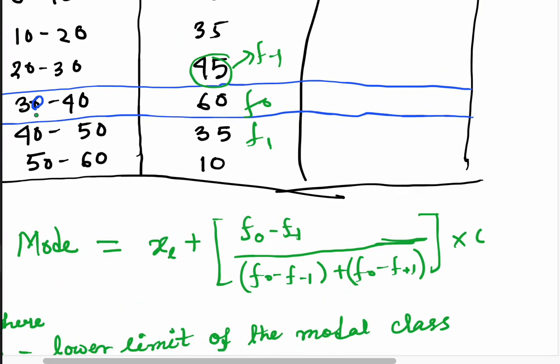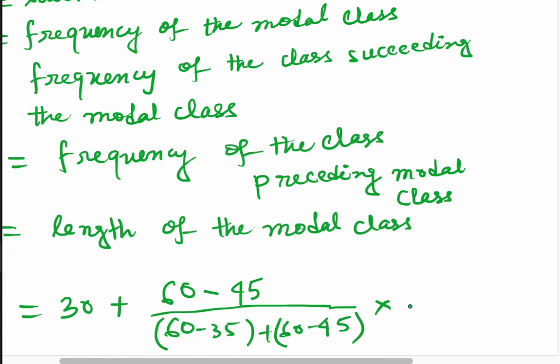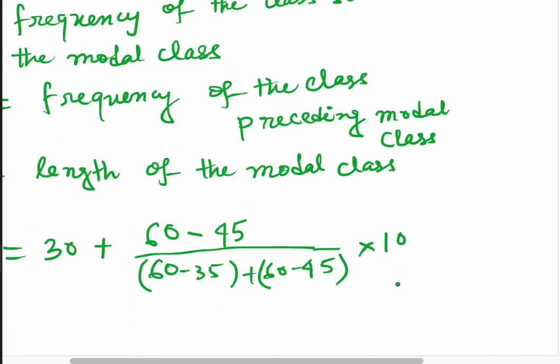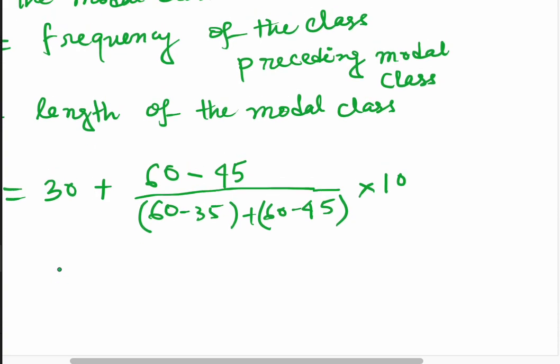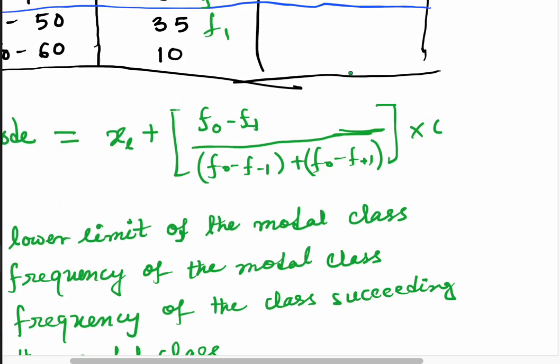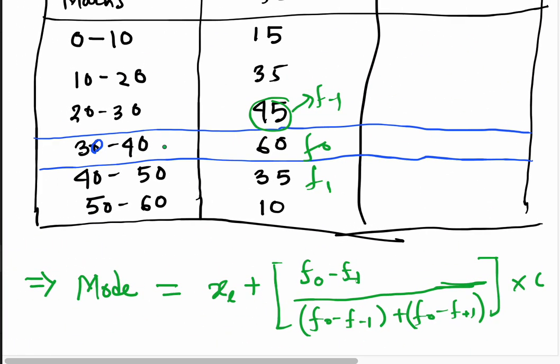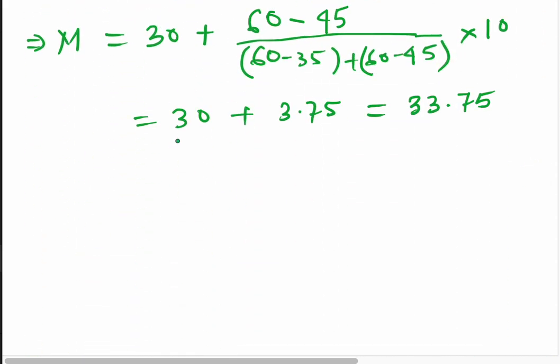What is the length of this? That is 10. So into 10. So that is 30, and this is 3.75. So all the thing is 33.75. So that means what is the mode of this data that has been given? That is 33.5.